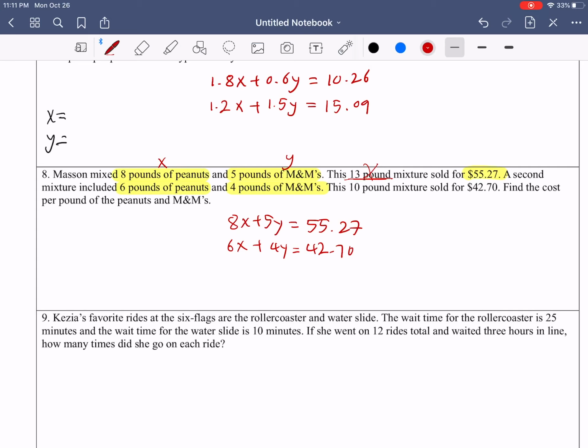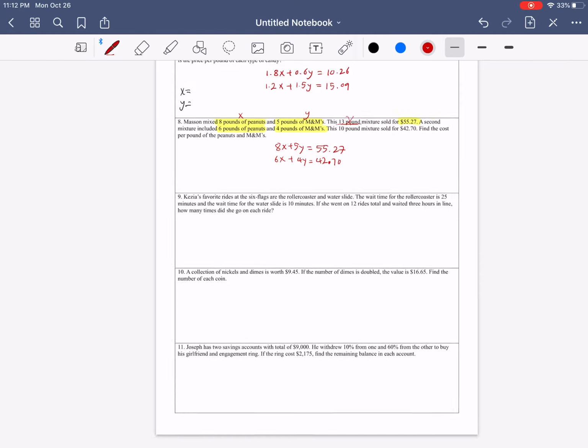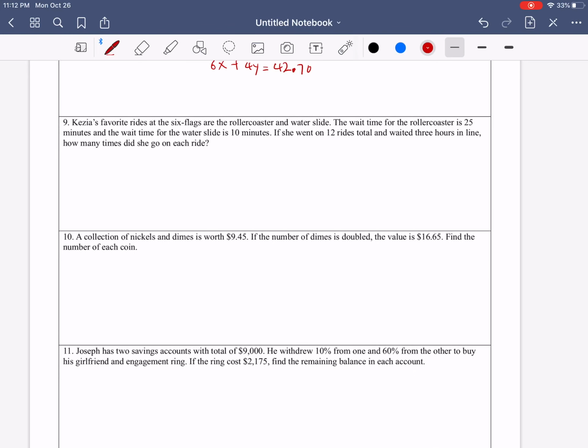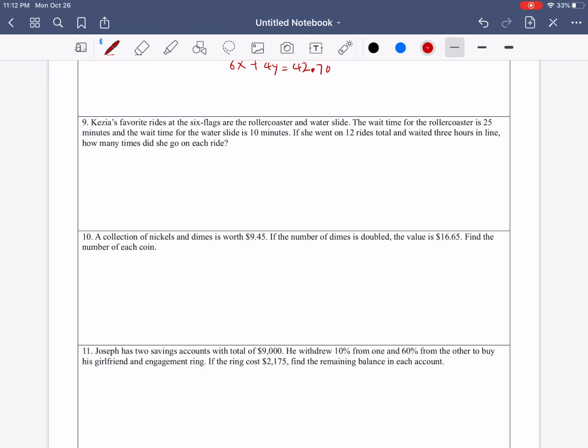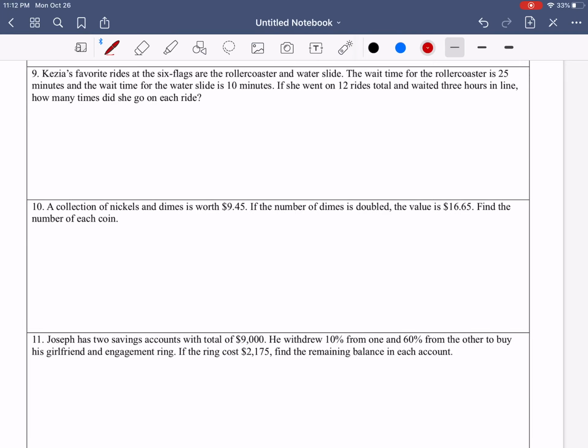So find the cost per pound of each peanuts and M&Ms. Put this into the graphing calculator and do it. Now for the rest of them, pause the video and try it by yourself. Question number 9, you can do by yourself.